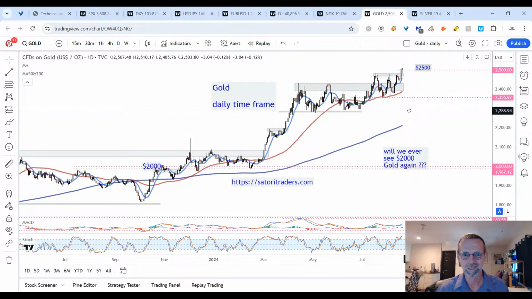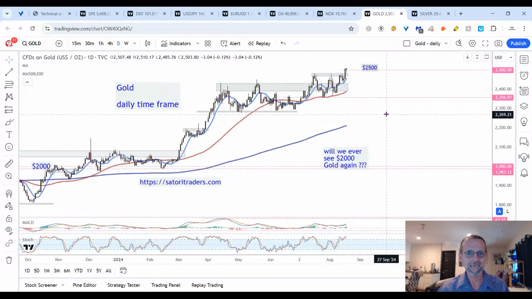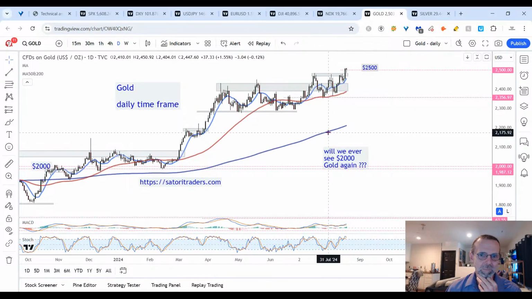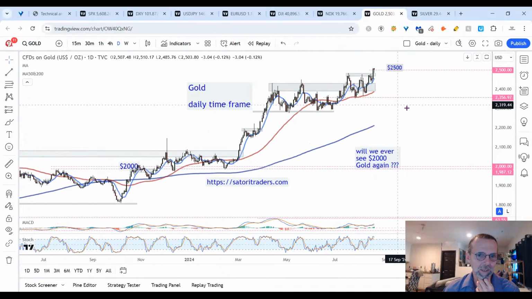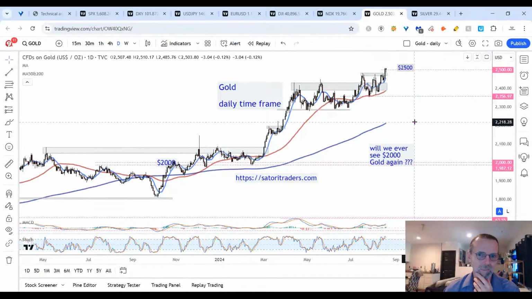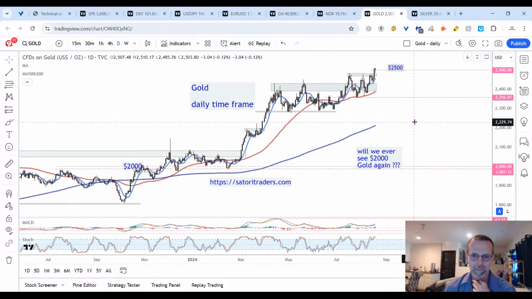And so more likely that we're going to see the 200 continuing to rise and try to catch up with price. I don't think it's going to. I'm actually expecting gold to put on another $200 or $300, and could do that quite quickly.